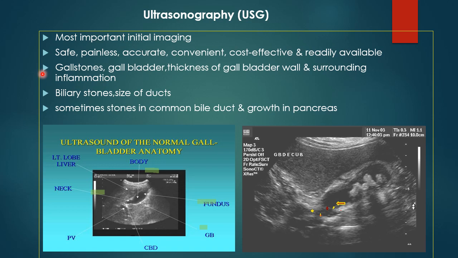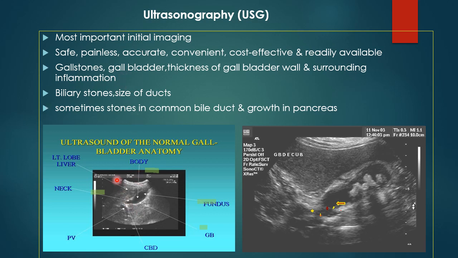It easily detects gallstones, gallbladder wall thickness, whether it is inflamed, and the surrounding inflammation. It also detects, in some cases, biliary stones. It can measure the size of the ducts. And sometimes it can be used to detect common bile duct stones and growths in the adjacent pancreas.